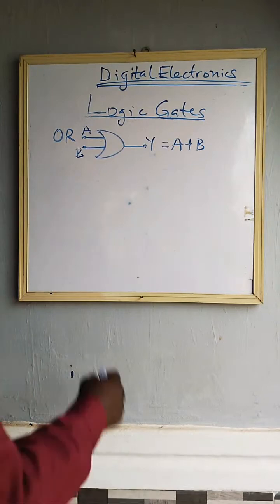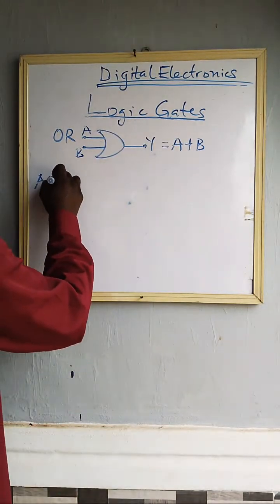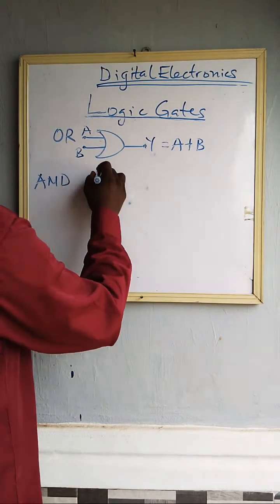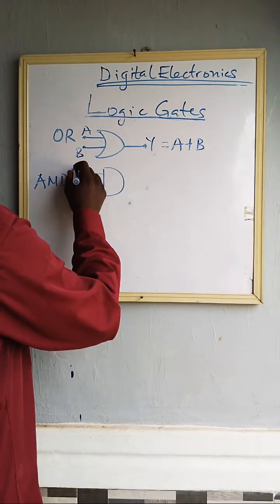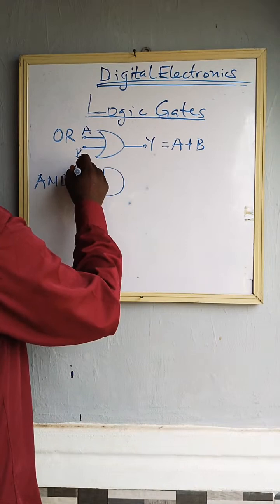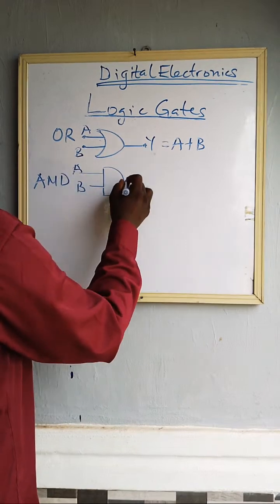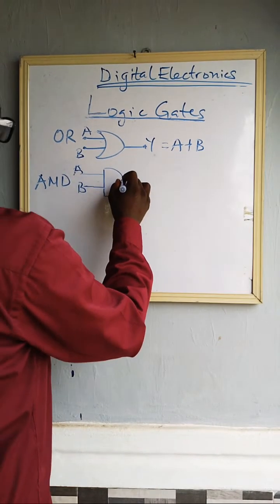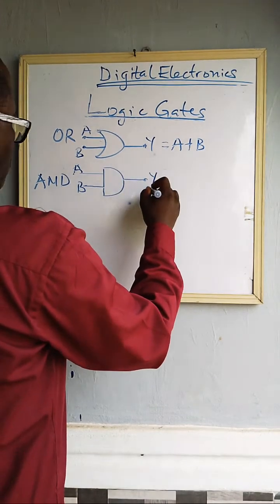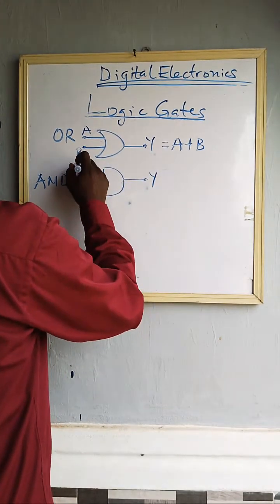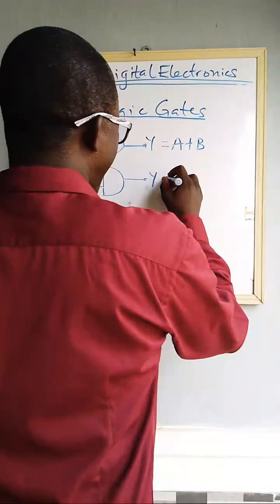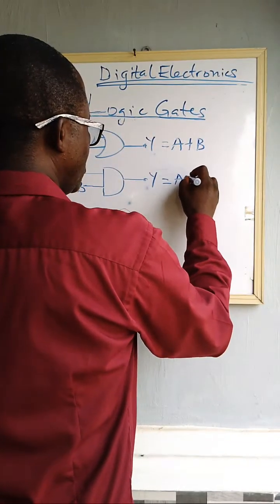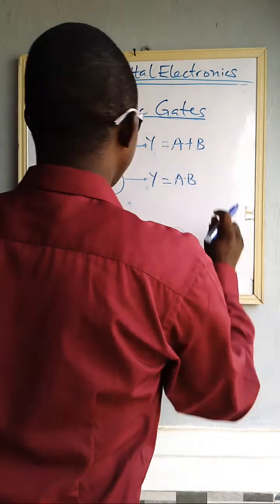We have the AND gate. The symbol is this, with inputs A and B, and this is output Y. Y equals A dot B, that is AB.